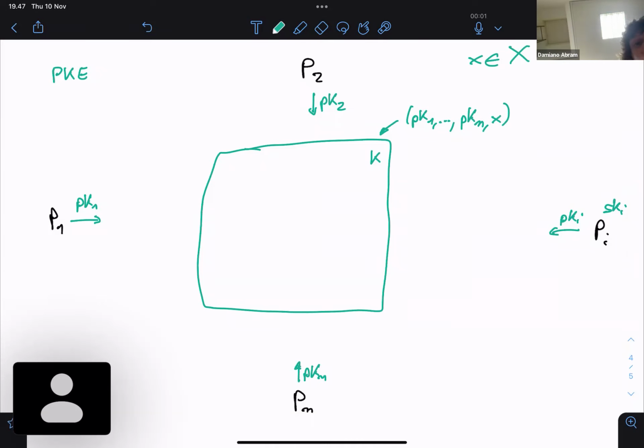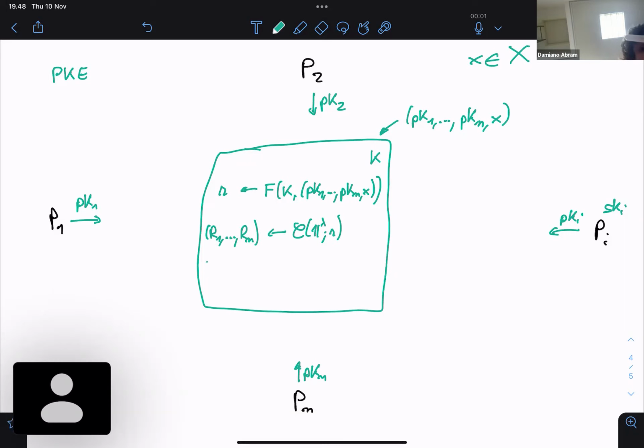The obfuscated program will first run the PRF with key k on the inputs, and it will derive a pseudo-random string R. Then it feeds this R into the correlation function C. So we will obtain the n correlated values R1, ..., Rn.